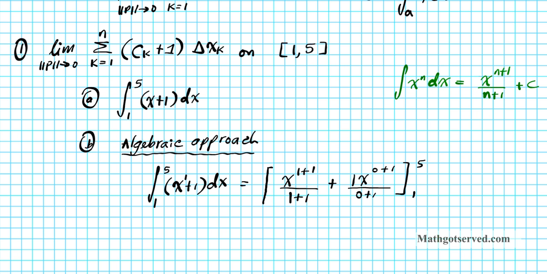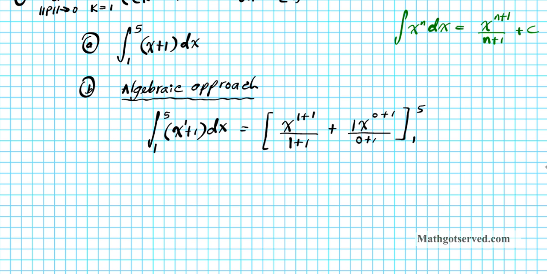So if we simplify this a little bit, we'll have the antiderivative of x plus 1 as x squared over 2 plus x. And we're going to be evaluating it from 1 to 5.